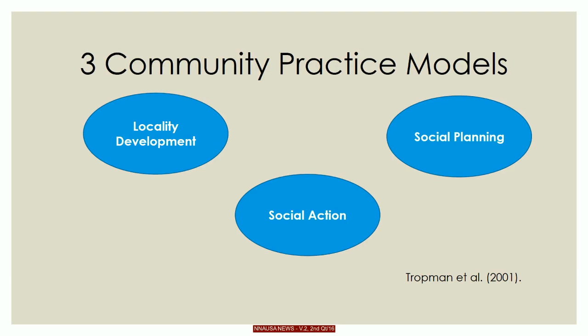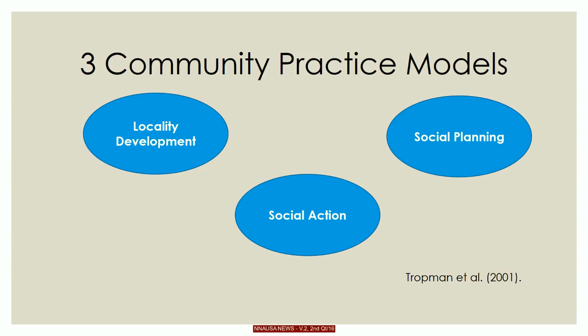looks at problem solving, and it's related to substantive community problems. Unlike the locality development approach, its goals are not process oriented, the goals are task oriented. The social planning approach focuses more on planning, intellectual productivity, and brainstorming.